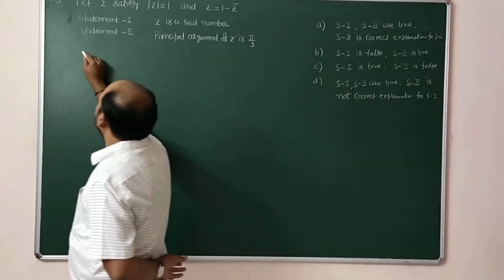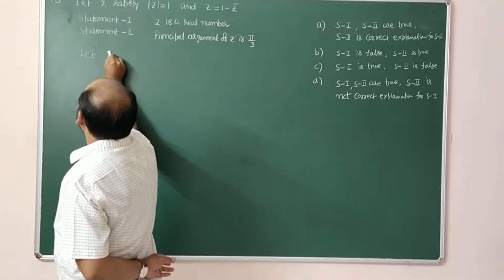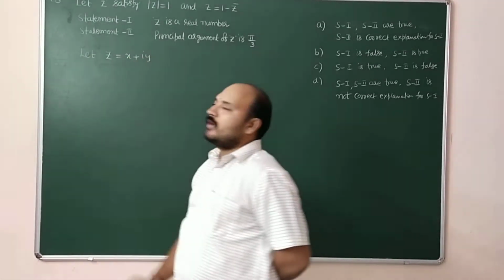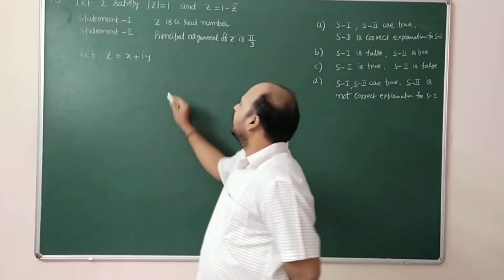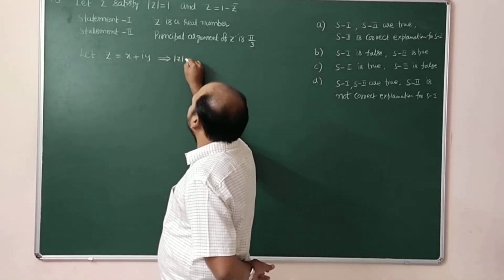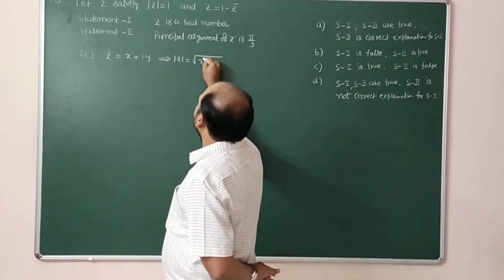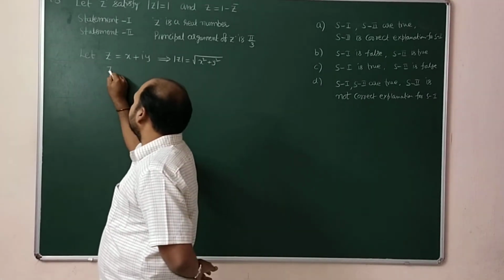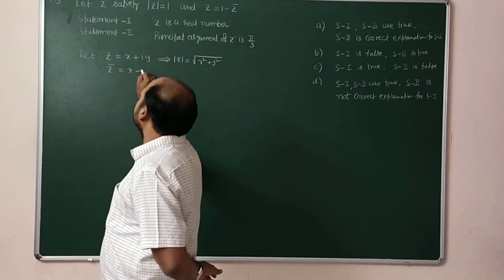I am assuming that z will be x plus iy. Whenever z value is x plus iy, first mod z is equal to square root of x square plus y square. Next, z bar is equal to x minus iy.